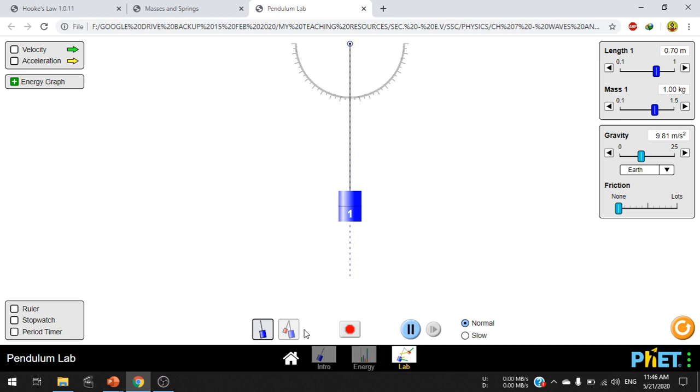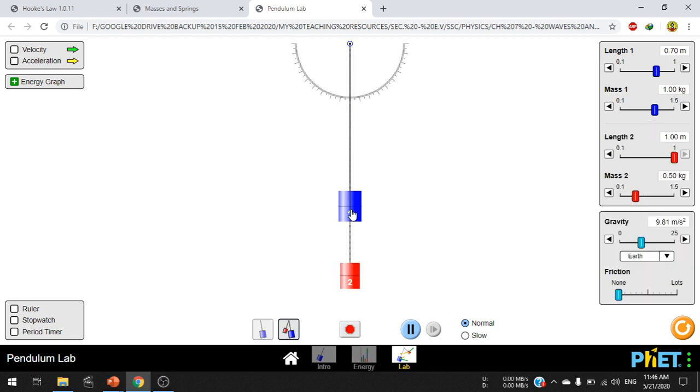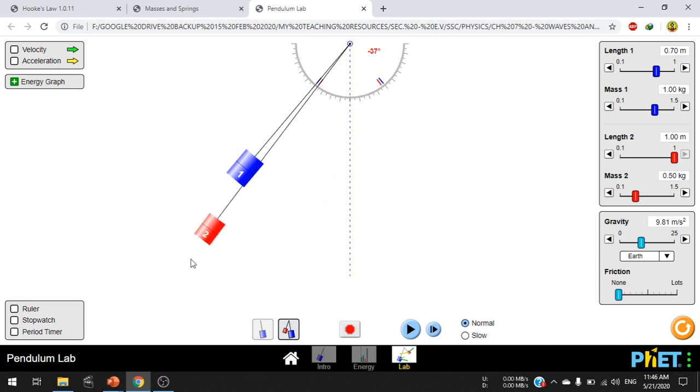We take two simple pendulums. Number one has shorter length, and number two has a larger length. We release them from the same angle, 40 degrees.